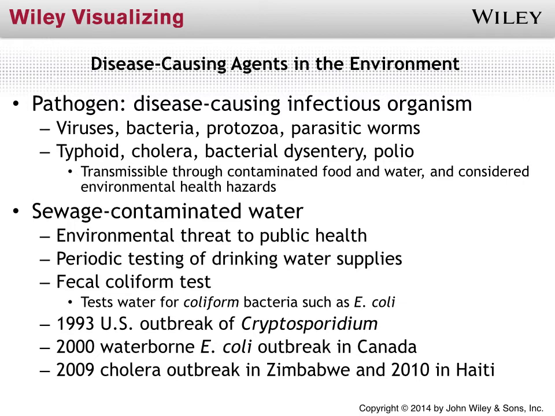But again, these are disease-causing agents that live in the environment naturally. We've been able to control them with chemicals and with immunizations in children. But again, these are natural things that live in the environment, not things that humans have created.